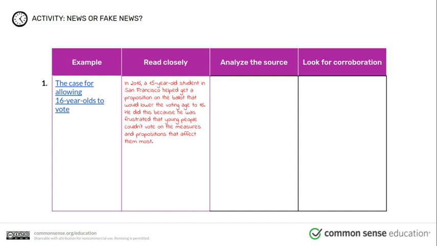He did this because he was frustrated that young people couldn't vote on the measures and propositions that affect them most. It's not a rehash of what is written in the article, it's just the main idea.